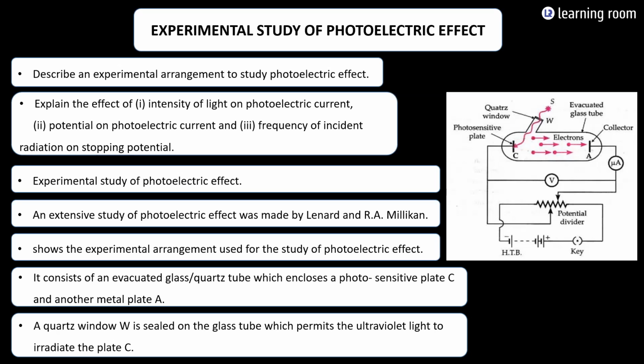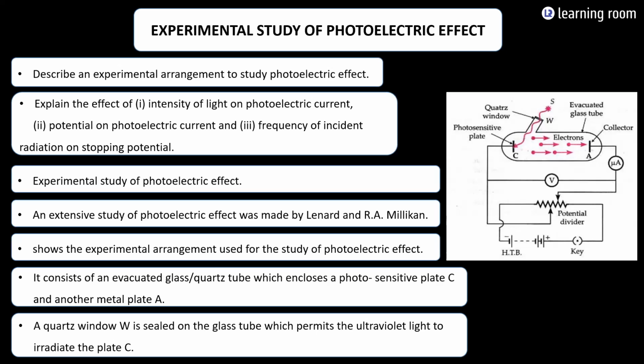Now listen to the logic that I'm going to tell you. First we need to understand this experimental study to describe certain changes occurring in the parameters with respect to the photoelectric effect. We are going to explain the effect of the intensity of the light that is falling, which will create an impact on the photoelectric current.